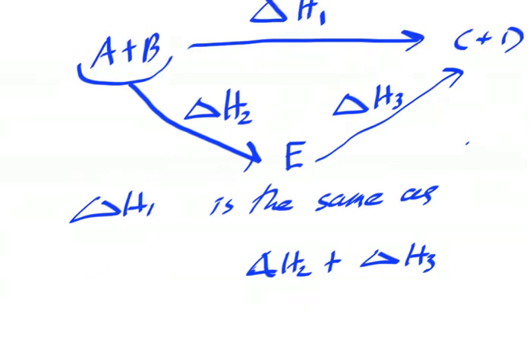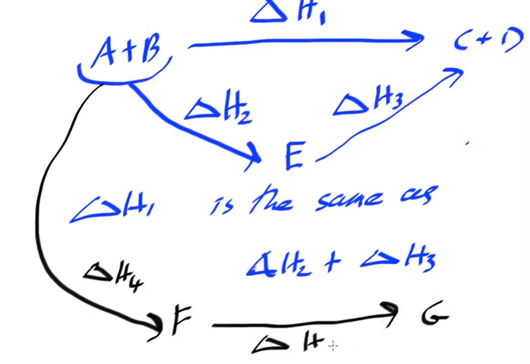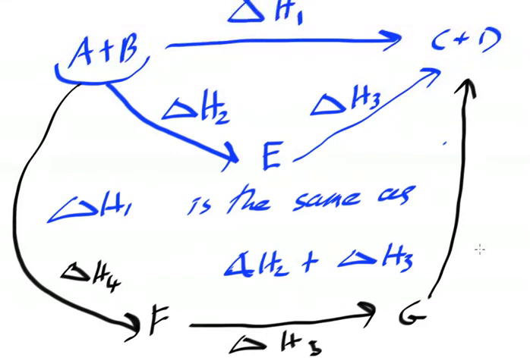And you could make it more complicated if you wanted. Instead of going to E, we could make a new substance F, and the enthalpy change to get to F is delta H4. Then I'm going to go to a substance called G, and that's going to take some amount of energy, delta H5, and then I'm going to go to C plus D, and that amount of energy is going to be delta H6.